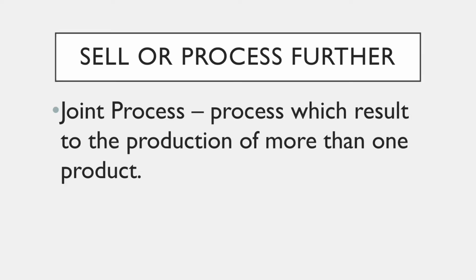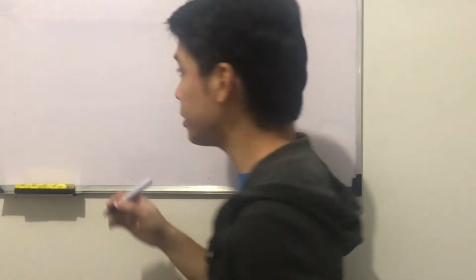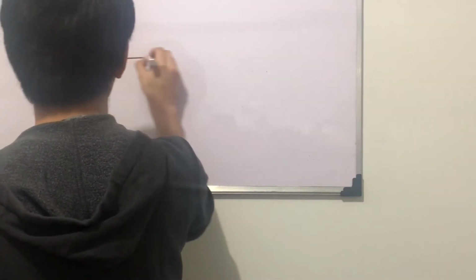Now, sell or process further can be a bit tricky when it comes to joint processes. What is a joint process? A joint process is a process which results to the production of more than one product. So to visually depict a joint process, imagine it this way. We have a process that would result to more than a single product.